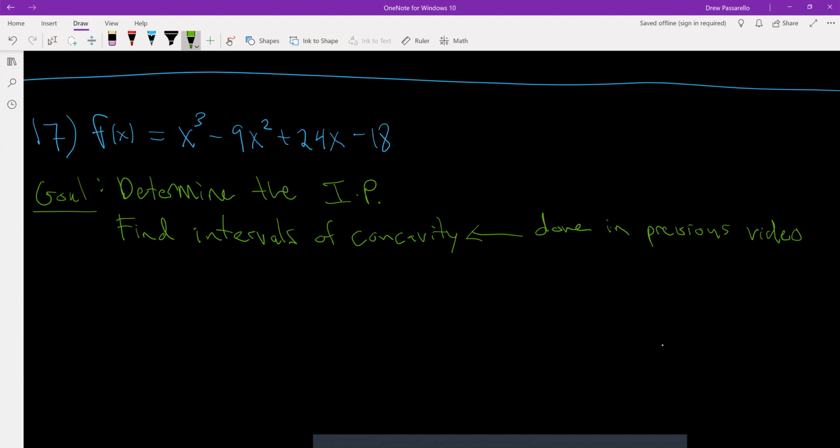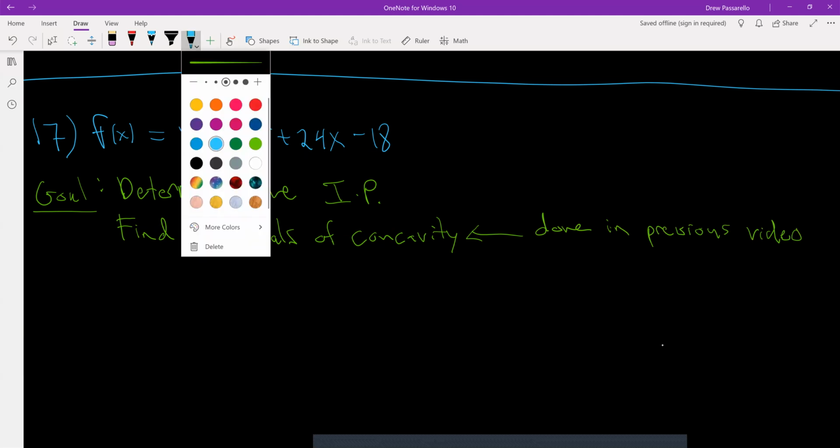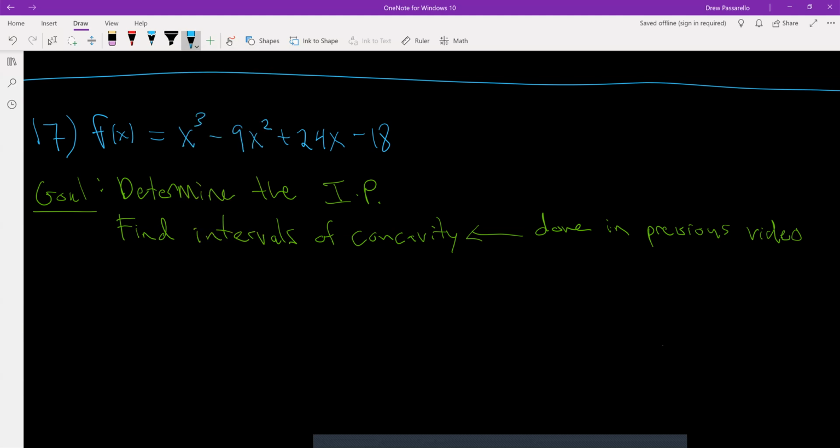All right, so first we need to find the first and second derivatives. Now our function is x cubed minus 9x squared plus 24x minus 18. So the first derivative, f prime of x: we use the power rule, x cubed becomes 3x squared, because it's 3x to the 3 minus 1. And then the derivative of 9x squared, so we're going to have minus 9 times the derivative of x squared. Power rule for that, that's 2x.